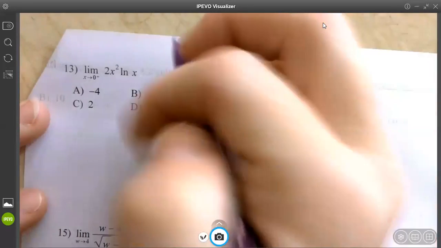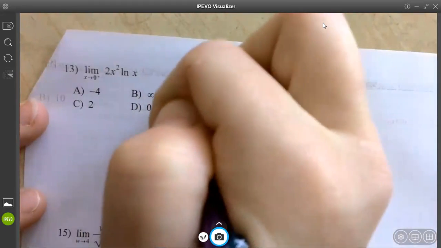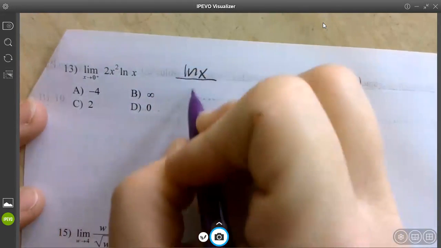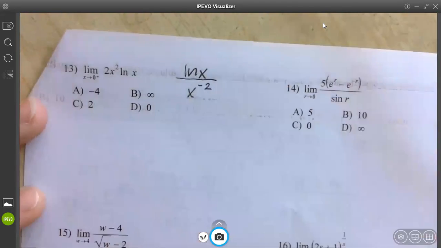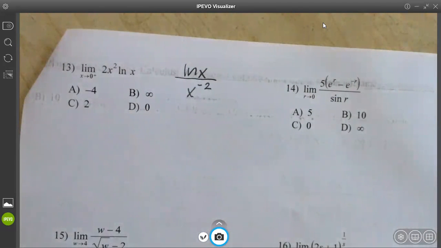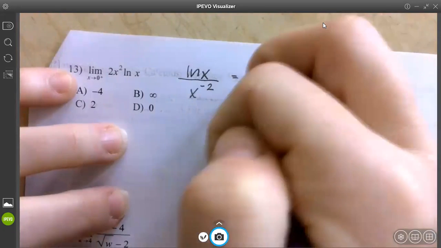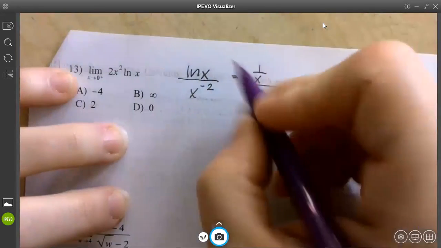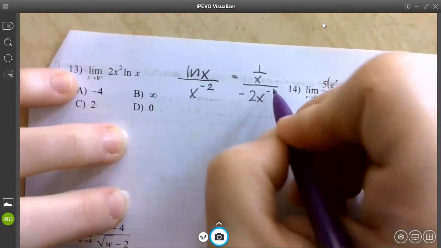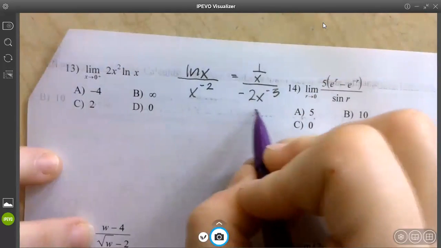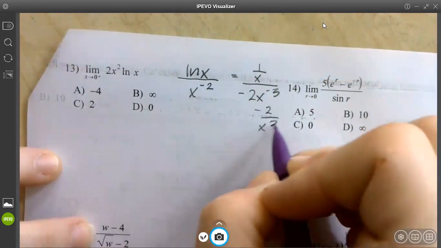All right, ignore the 2. We have ln x. You said yesterday you would rather put the x on the bottom, making it a -2 rather than a 1 over x squared, which is perfectly fine. Take the derivative. Ln x, and the derivative of x to the -2 becomes -2 over x cubed.